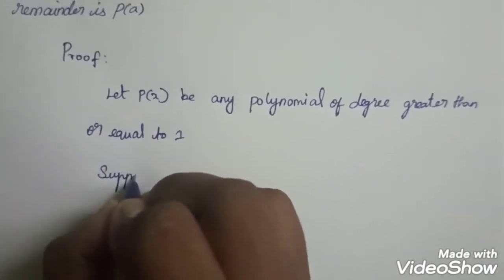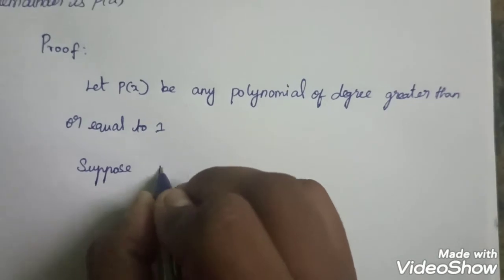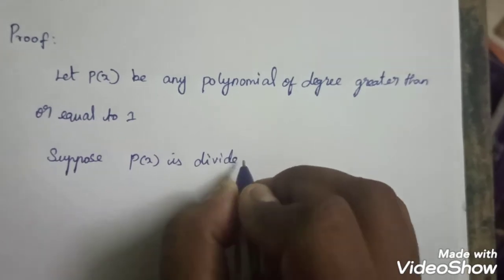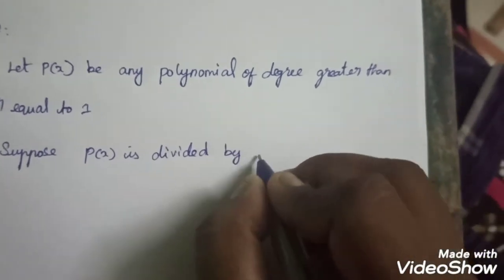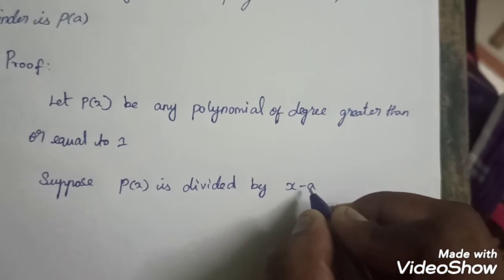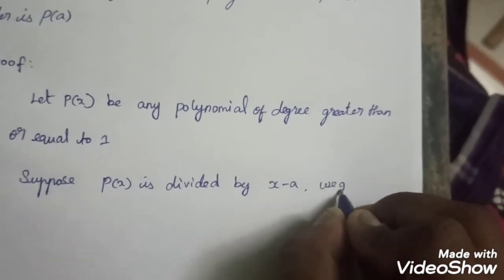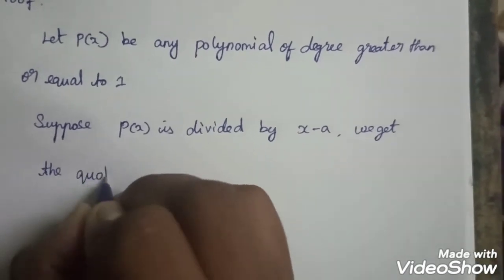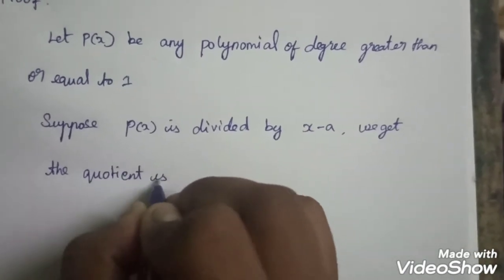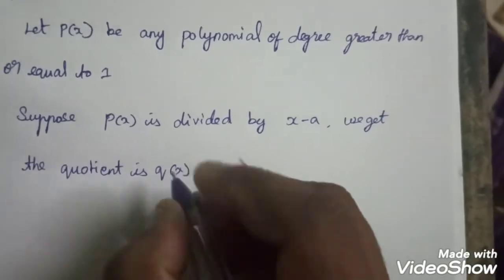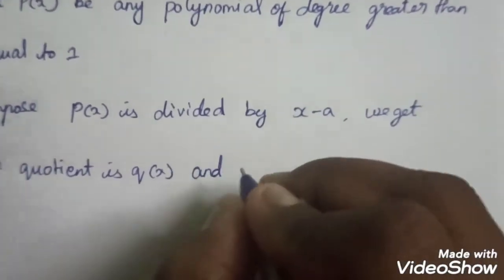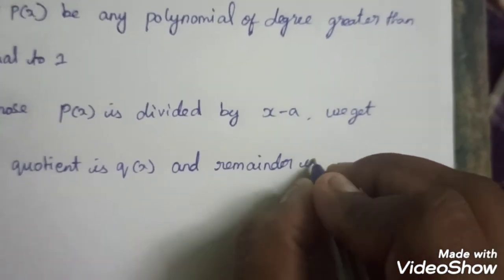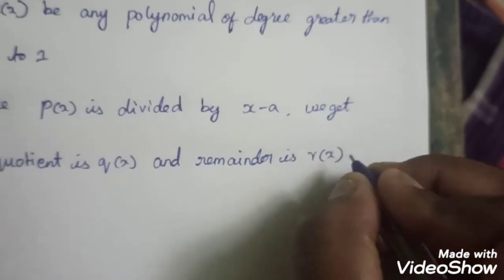Suppose p of x is divided by x minus a, we get the quotient q of x and the remainder r of x.